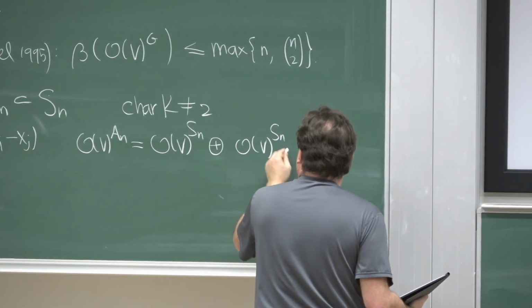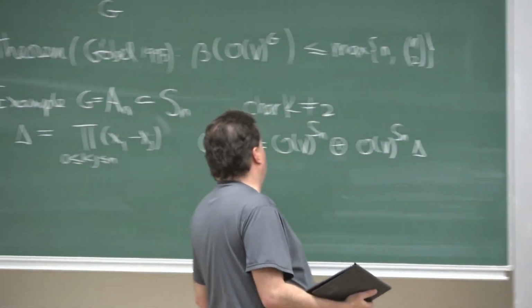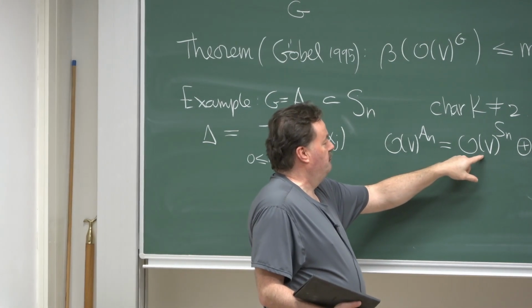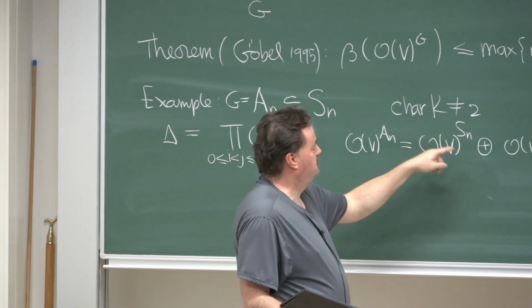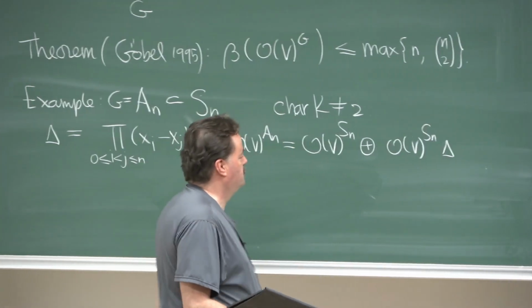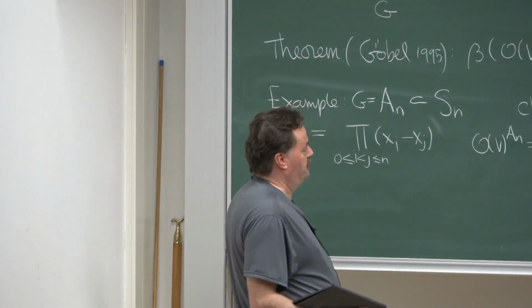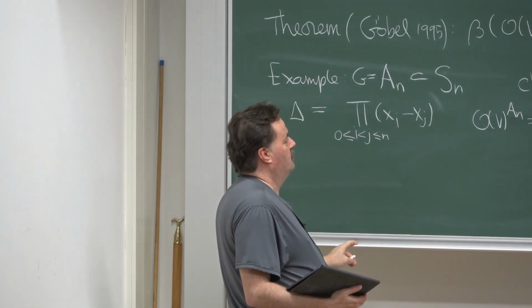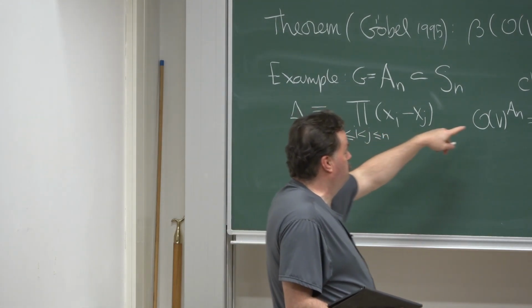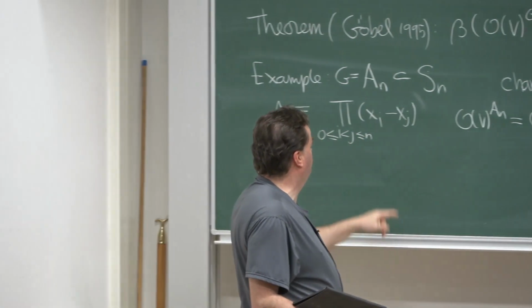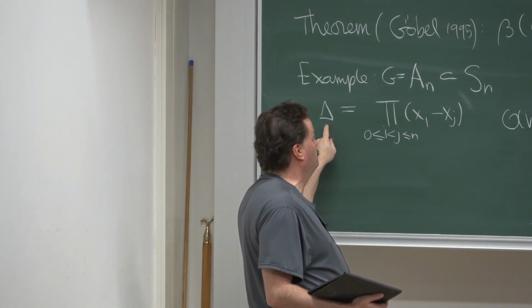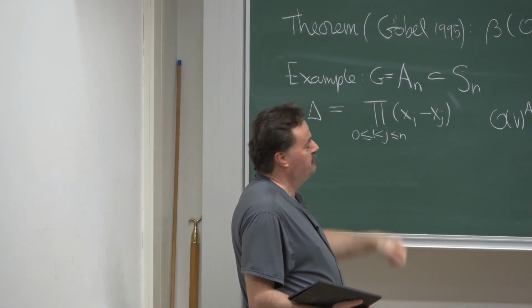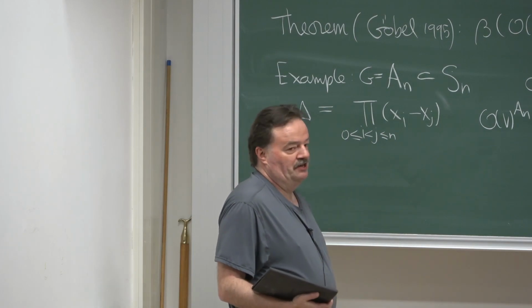So as a module over the invariant ring of Sn, it's generated by 1 and this invariant delta. In characteristic 2, something similar is true, but you have to take a slightly different delta, so that it is also invariant under the alternating group.